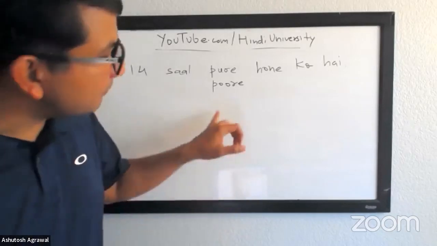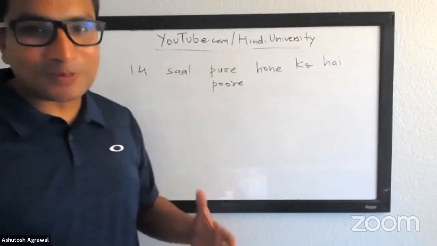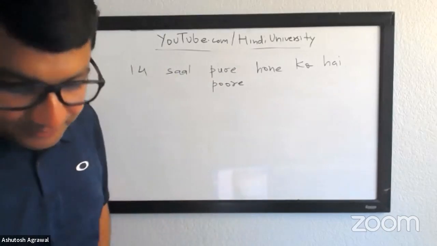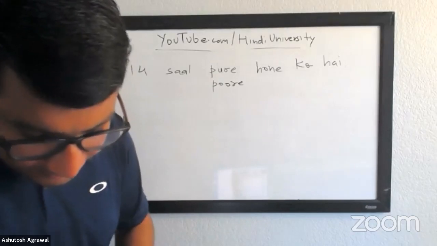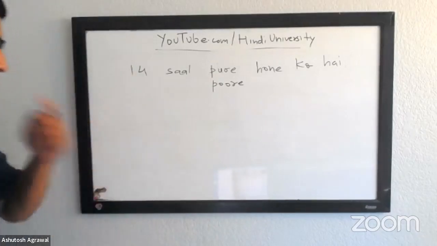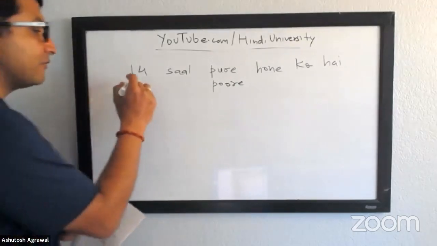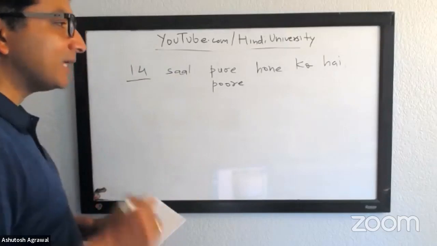You can look it up. You will see some articles where it says "5 साल होने को है" and "10 साल होने को है." I simplified it, but you will see variations of this. You can also say "14 साल होने वाले हैं."